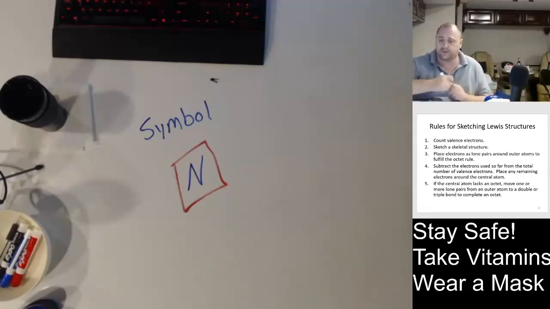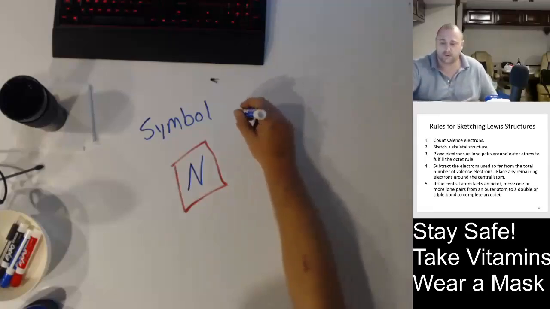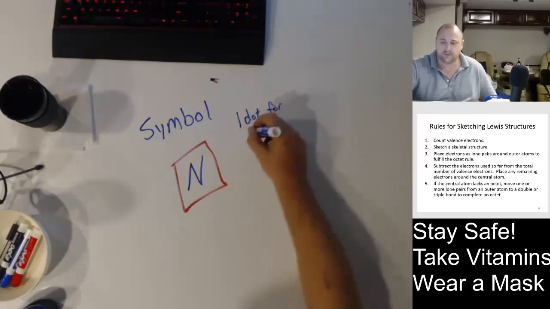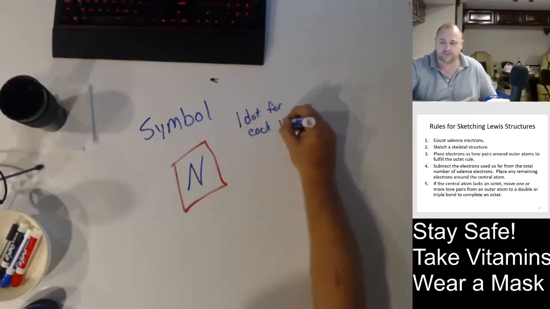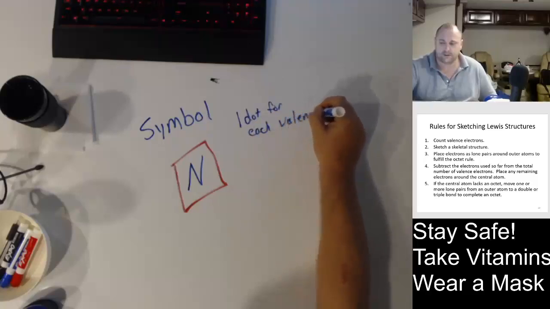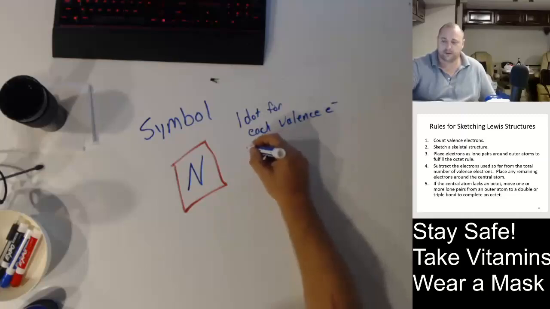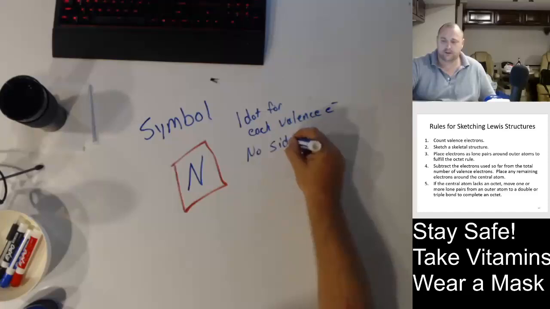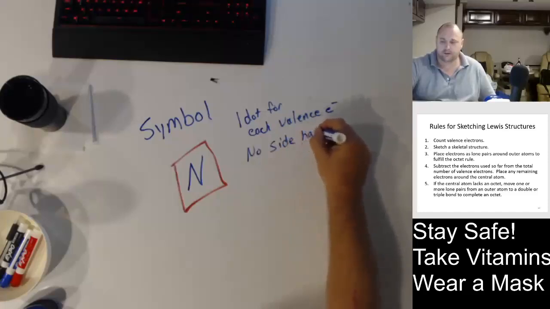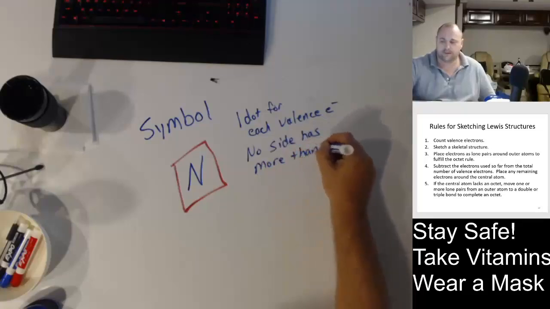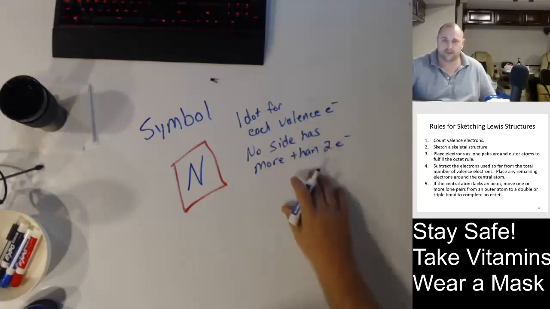Now here's our rules. One dot for each valence electron. Okay. No side has more than two electrons, or two dots.